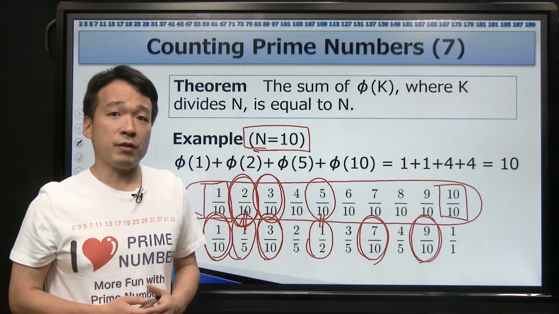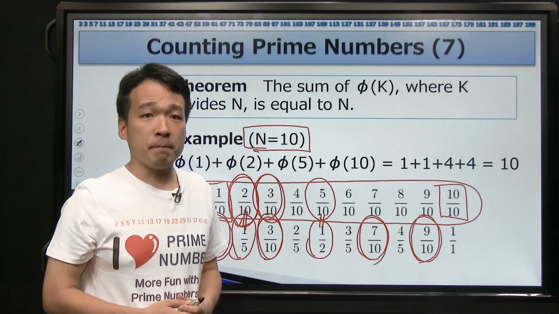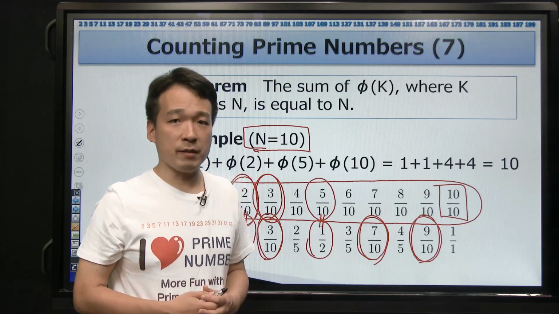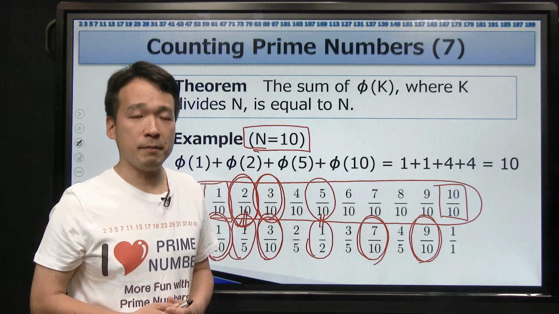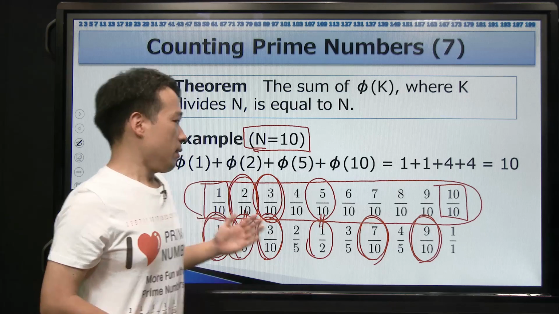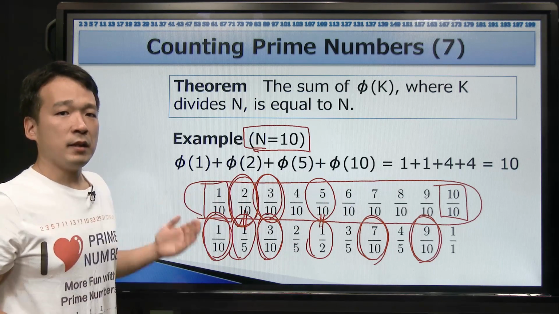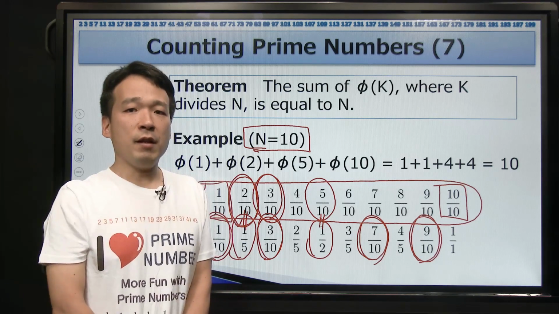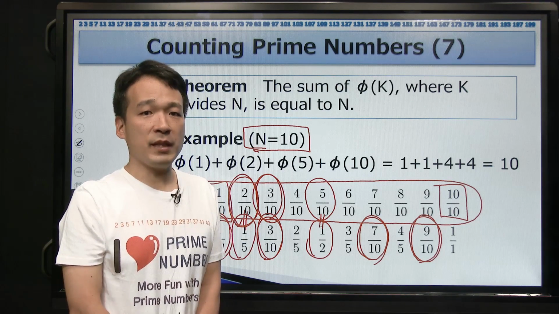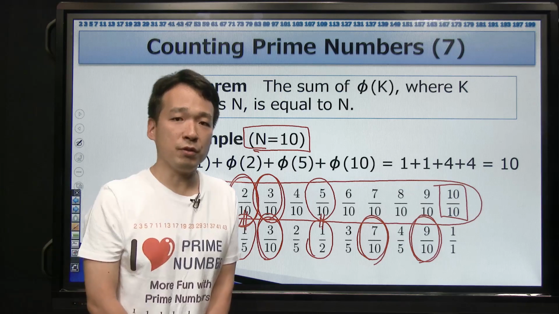Recall that Euler's totient function phi of n counts the number of integers relatively prime to n. Therefore, among these fractions, the number of fractions in lowest terms with denominator 10 is equal to phi of 10.